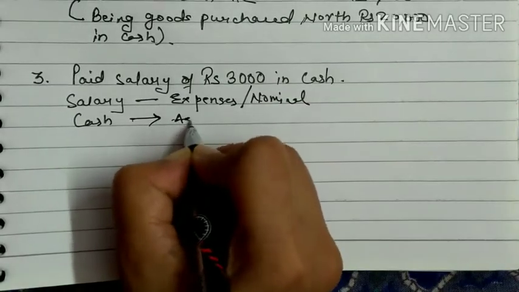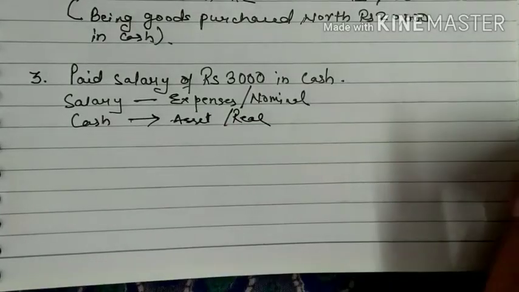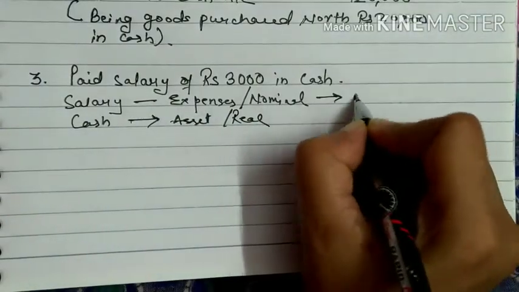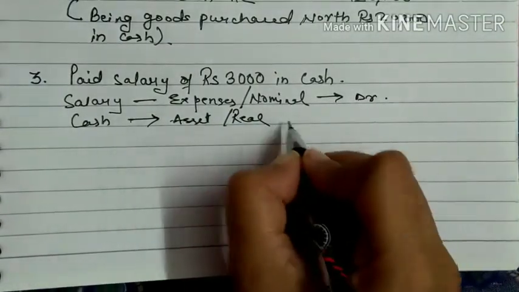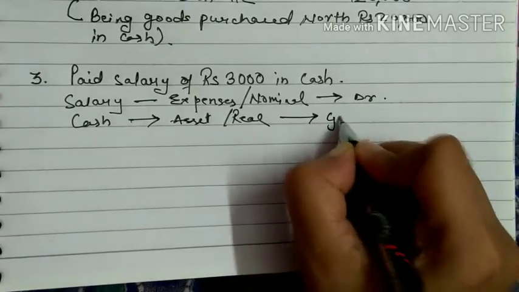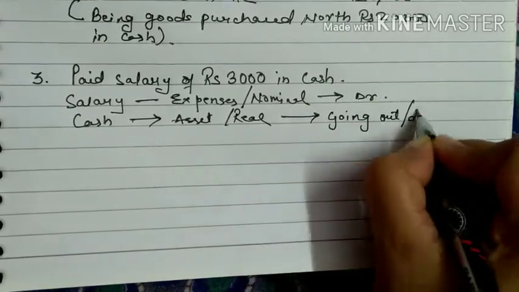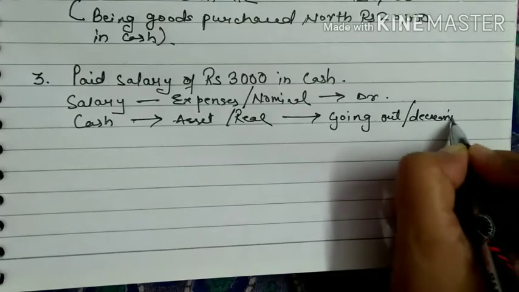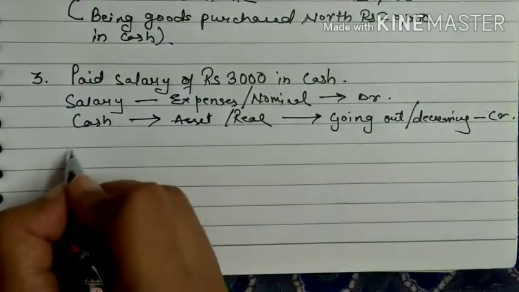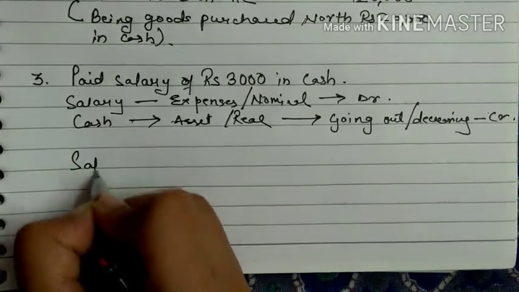Cash is asset or real account. Expenses and losses always have to be debited, and cash is going out or decreasing, therefore credited.